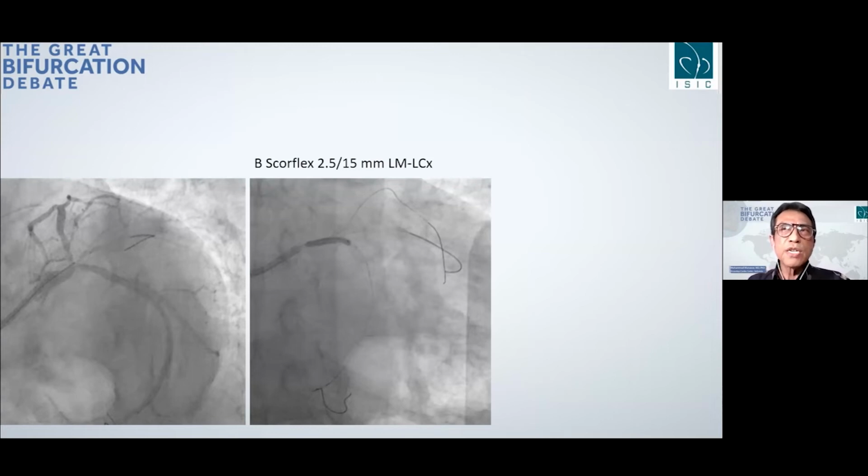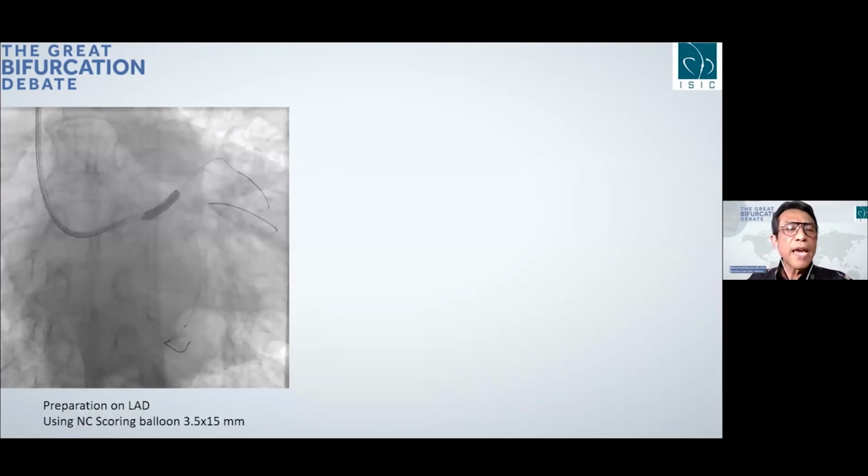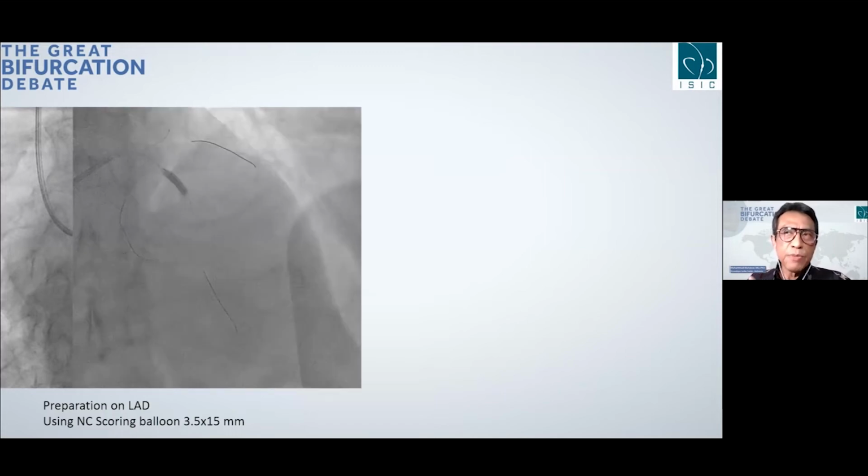If we use a scoring balloon, for example in this case, I do it with the smaller balloon first. Like this lesion, I do a 2.5 scoring balloon at circumflex, and then a scoring balloon 2.5, as you've seen before, at left main to LAD. And then for preparation of the LAD, we use the bigger scoring balloon, 3.5, 15 millimeters, because the landing zone should be just proximal of the second diagonal.